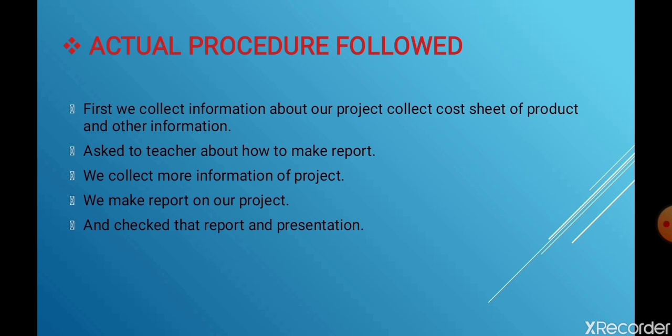First we collected the information of our project, the cost sheet of a product and other information. Then we asked the teacher how to make the report and collected more information from that, and we made a report on our project, and after that we checked the report and presentation with our teacher.